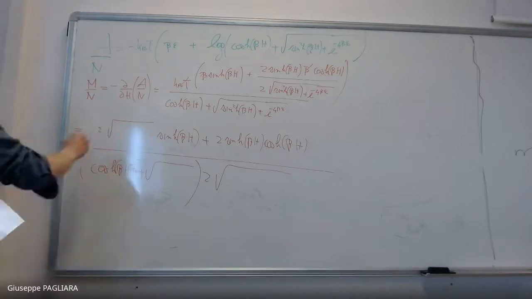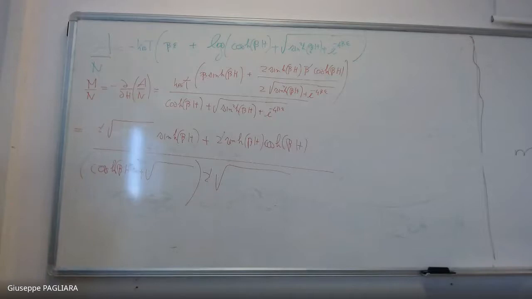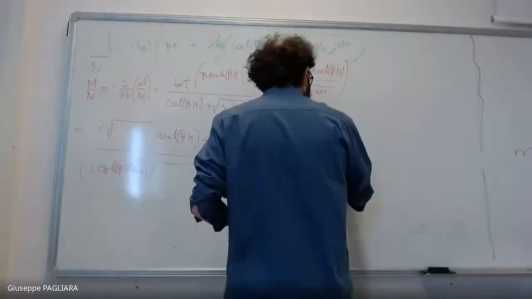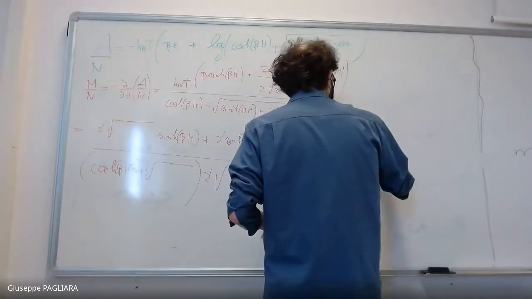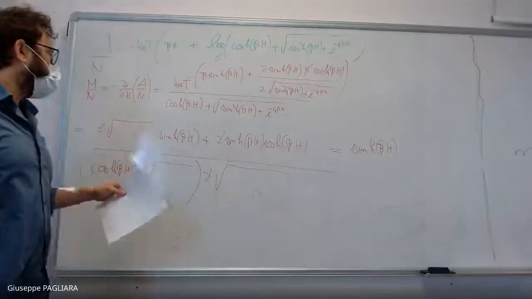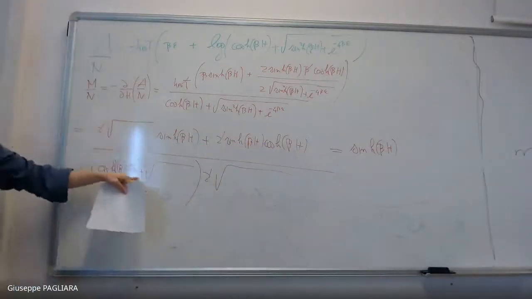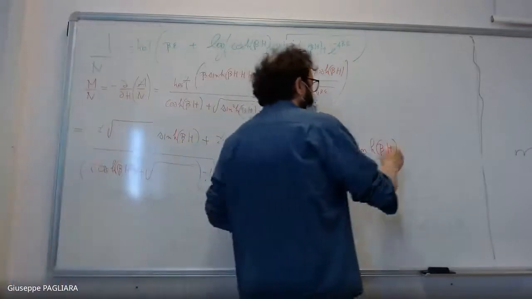Correct. Yes. I can collect a sinh beta h here. And if I collect this, I get a cosh plus the square root and a cosh plus the square root, which simplifies.